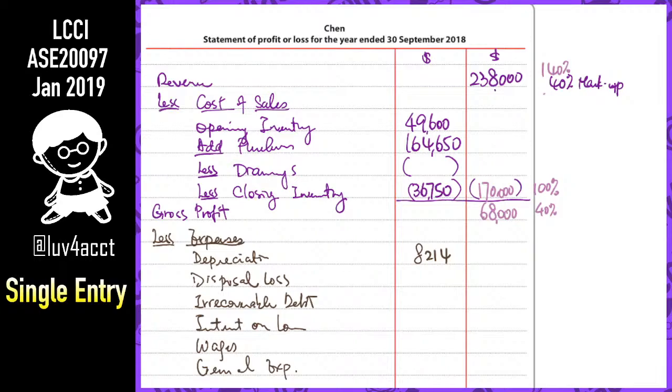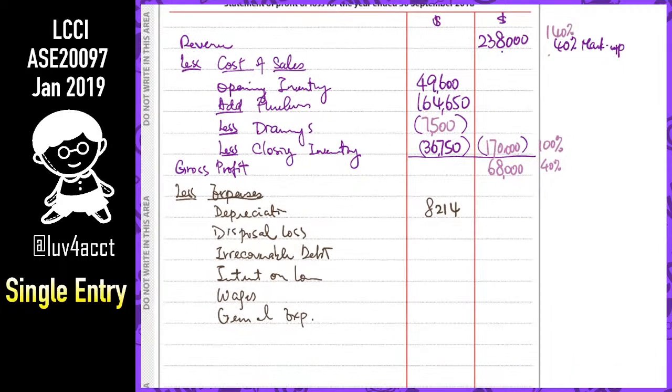So with the cost of sales, we can find the drawings, being 7,500. Again, if we are finding this figure backward, make sure you recalculate to make sure your calculations are correct. Yes, it is correct. So trading account done.